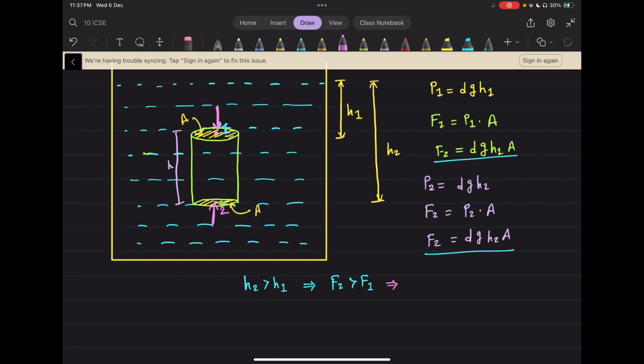And in which direction will the net force be? The net force will be in the upward direction, and that upward net force exerted by a fluid when a body is immersed in any fluid is called buoyant force. That is nothing but buoyant force.